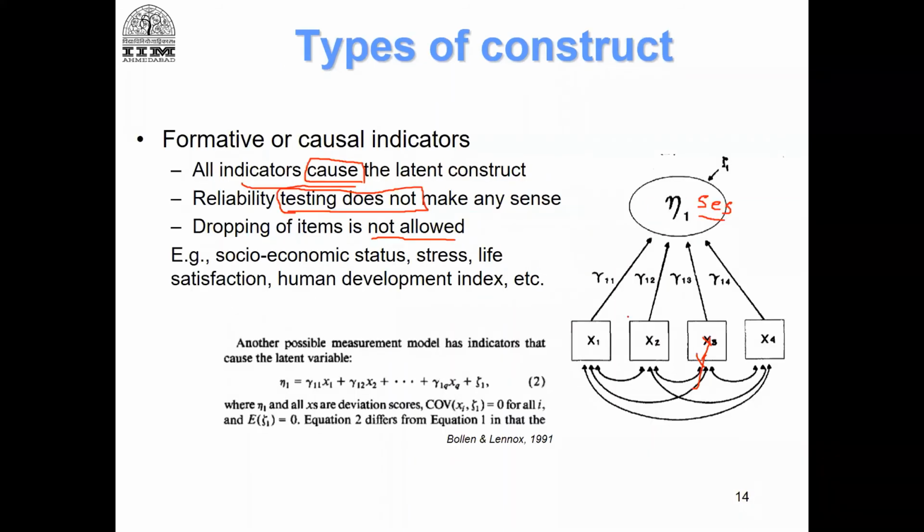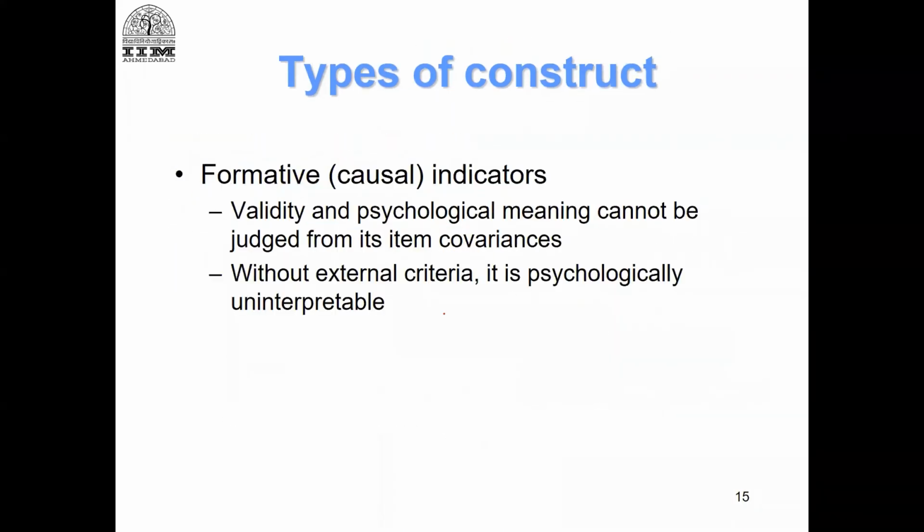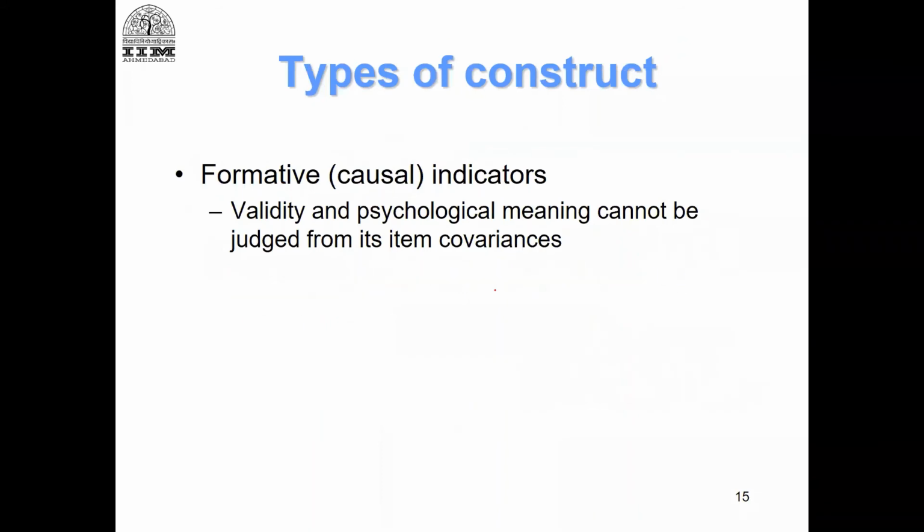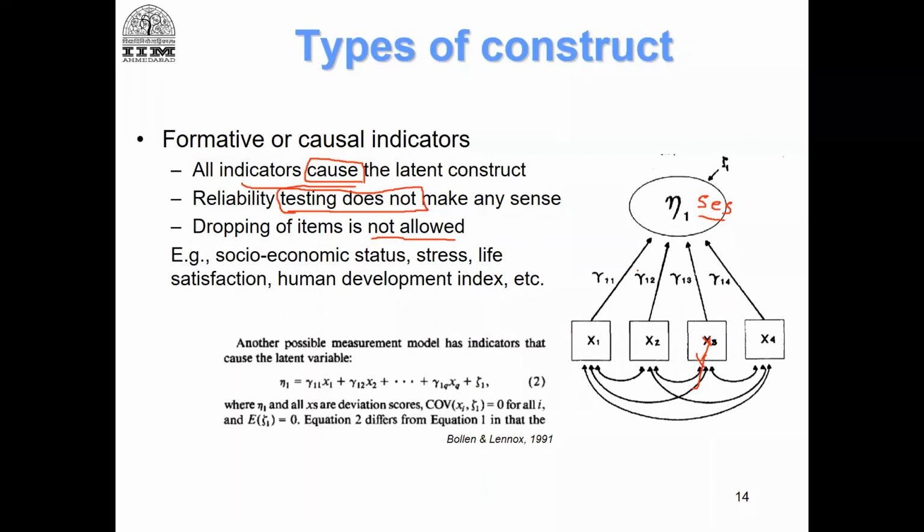And these models can actually not be estimated also. They can only be estimated if you have an external criterion. That means if this formative construct is causing something else, then only it can be estimated.